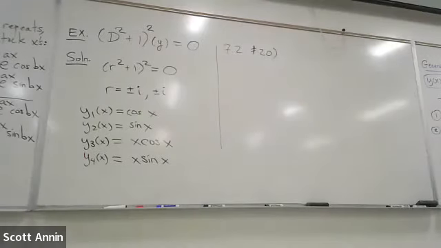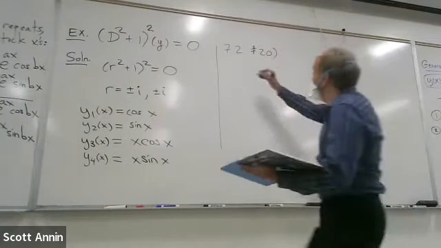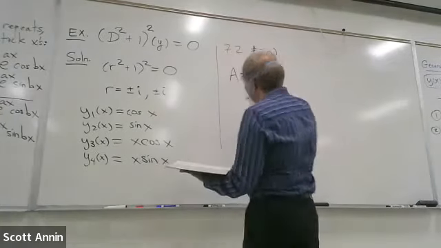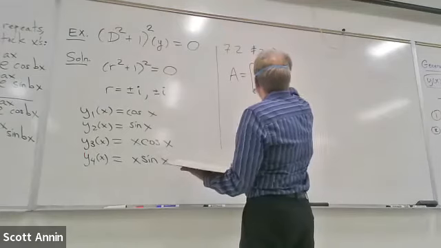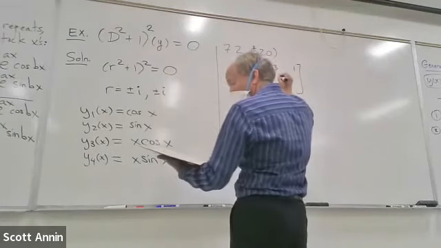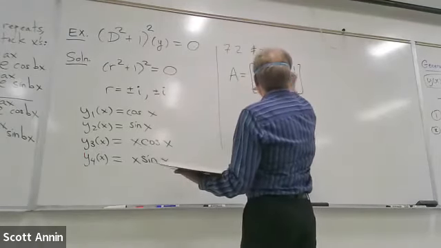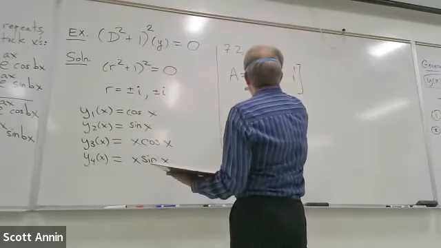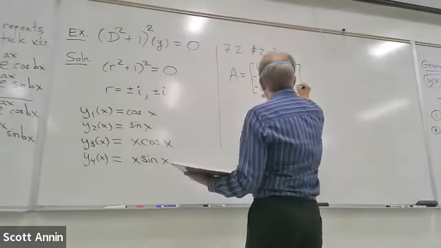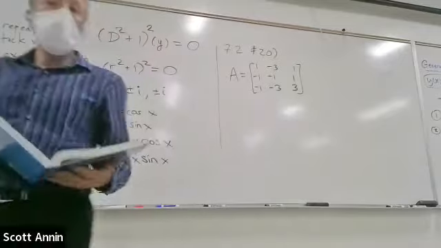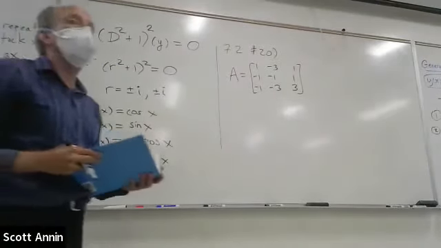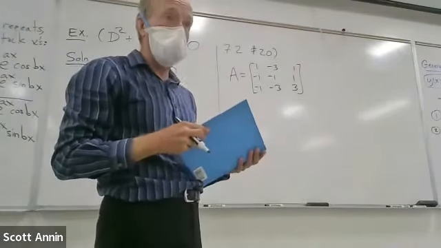Okay, that's the first one that's down here. 7.2, I'm going to start with number 20. This is a 3x3 matrix that they give us, so we're totally changing topics now. 1, -3, 1, -1, -1, 1, -1, -3, 3. Now, that is a matrix that has no zeros in it.